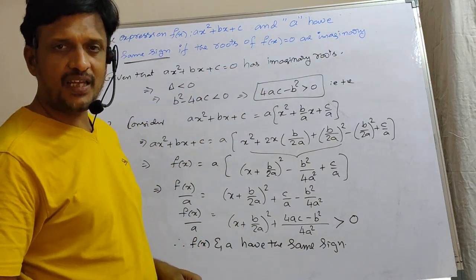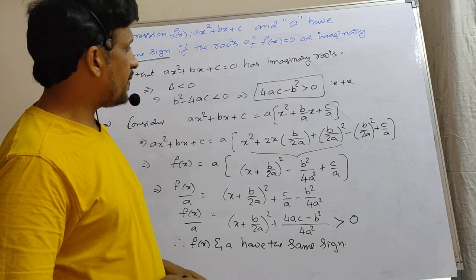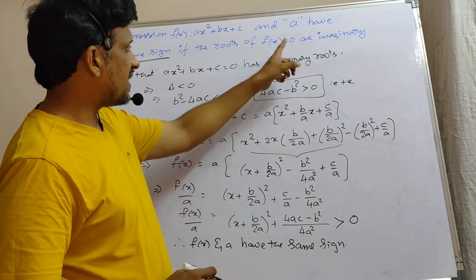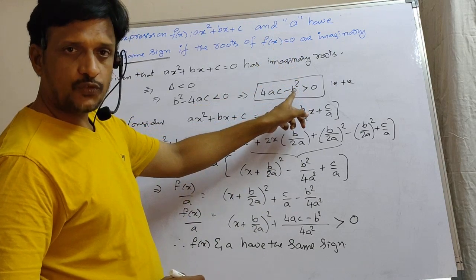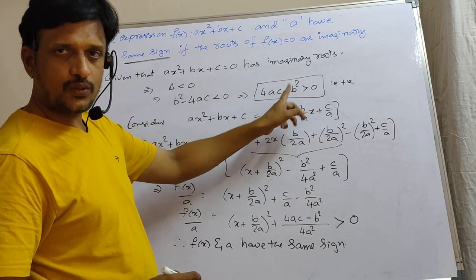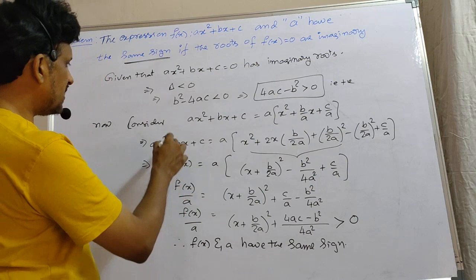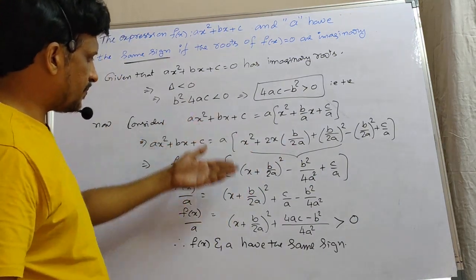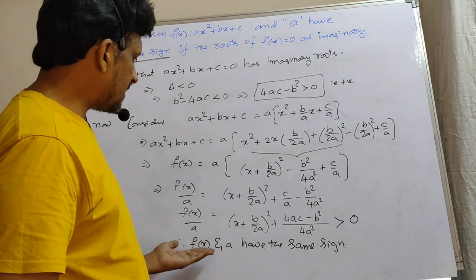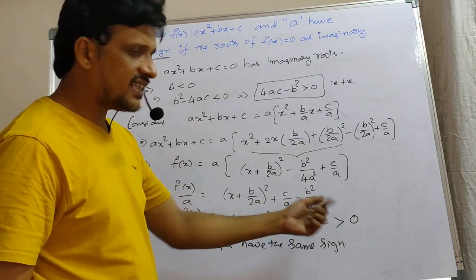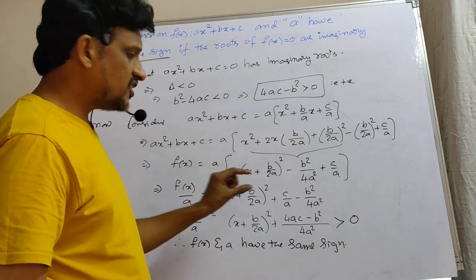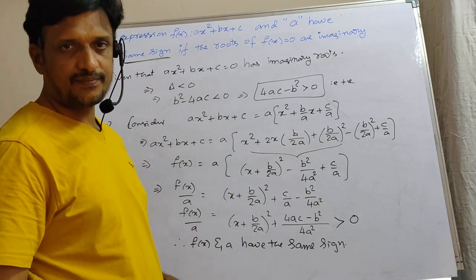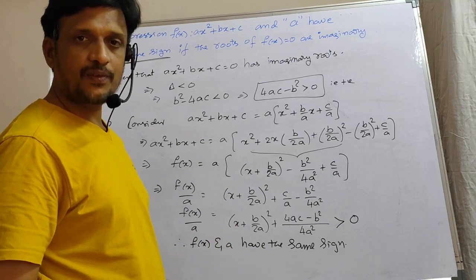That means the polynomial equation ax² + bx + c = 0 has imaginary roots, meaning delta is less than 0. That gives 4ac minus b² greater than 0. And now this expression can be written in this form. After getting the simplified form here, you can say that f(x)/a is greater than 0. A fraction is positive, meaning numerator and denominator have the same sign. So that is the required proof of the theorem.